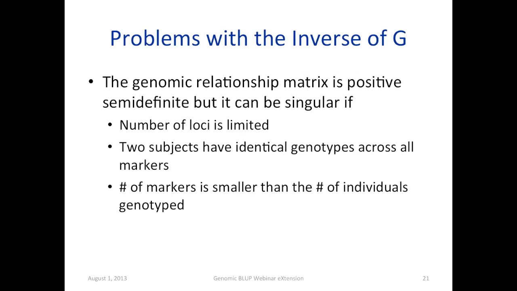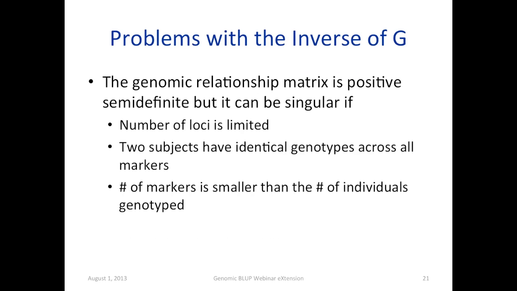So we use different methods to calculate the genomic relationships from the markers. There are some other methods. But one of the problems we run into when we obtain the genomic relationship matrix is getting the inverse. It can be singular, especially if the number of loci is limited.